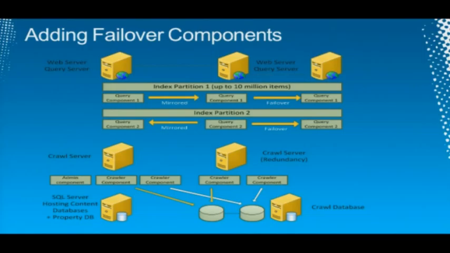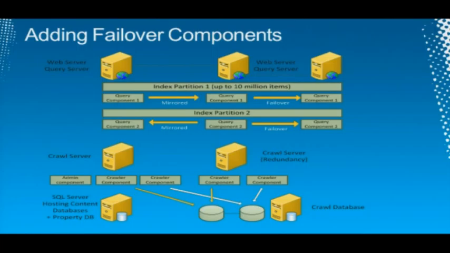Now, the next stage to that scalability and the failover piece is that previously on the other slide, I was showing you this mirrored capability. I have mirrored this index component 1 to the second server. So I have 2 live index partitions, which means if a user goes to either one of those 2 servers, the query will be answered by the relevant index partition. But what if I wanted to have resilience and failover, but failing over from one of those front-end servers dying? So you can see here I've introduced a 3rd front-end server.